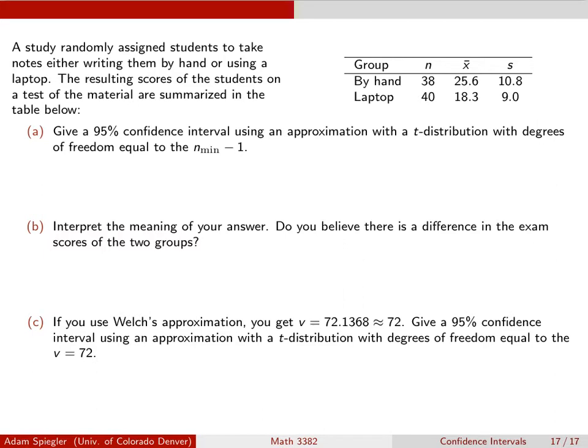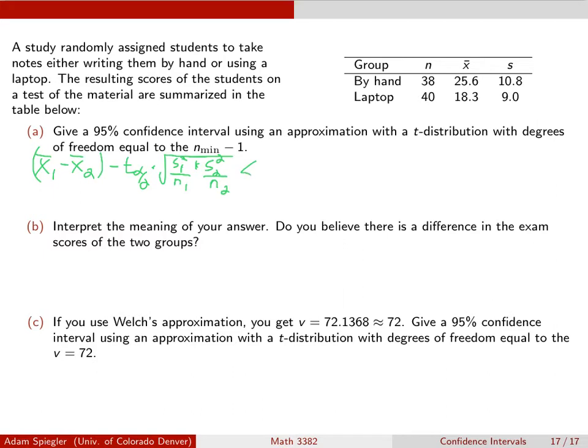The general formula for that confidence interval we found on the previous slide starts with the difference in our two sample means, x bar 1 minus x bar 2. That's where we start our estimate. For the lower bound, we subtract t alpha over 2 times our estimate for the standard error, which is the square root of s1 squared over n1 plus s2 squared over n2.